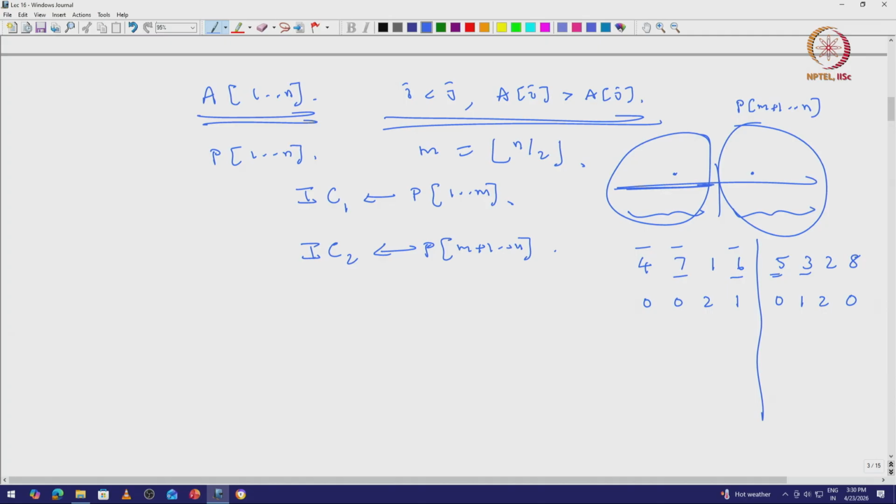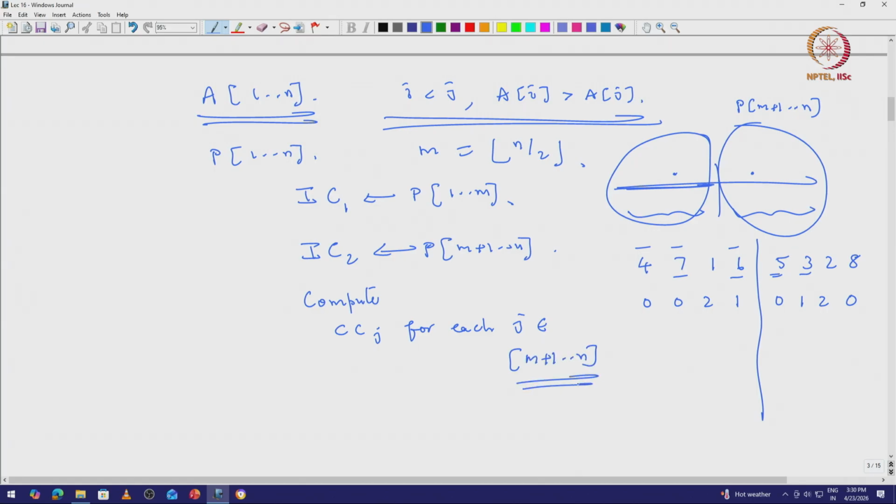Therefore, I have to compute cross count j for each j in the second half, belonging to m plus 1 dot dot n.